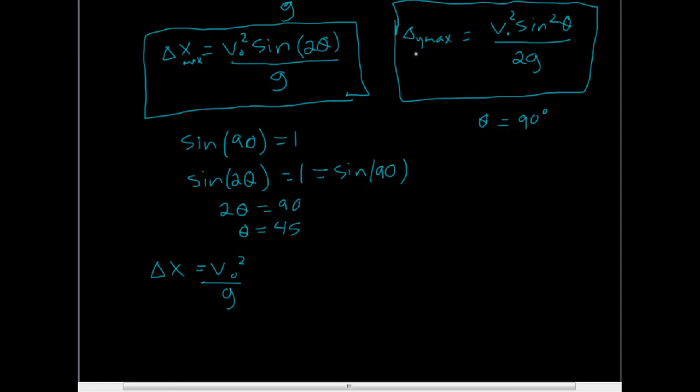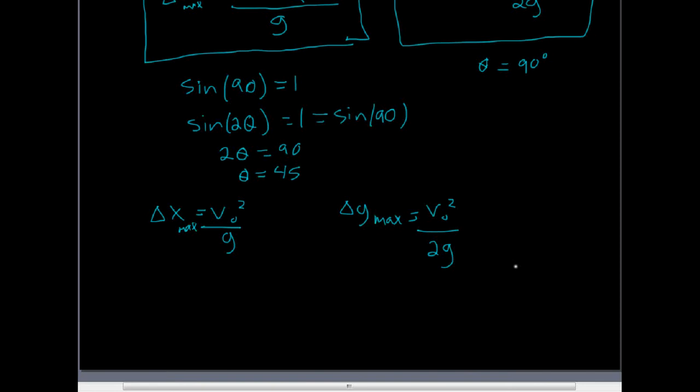So if we want to find out what that actual height value is, again, we just plug in 90 degrees here, and we get sine squared of 90 equals 1. So our maximum y, so I should write max over here, firing at the most optimum angle, is going to be v naught squared divided by 2g.